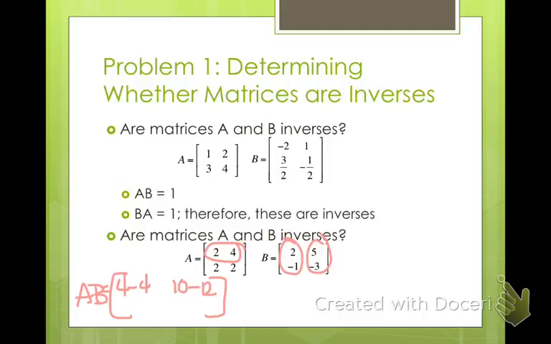Then we have to do the bottom and the side. There's 4 minus 2. And the bottom and the other side. That's 10 minus 6. Okay, so when we simplify this, we get 0, -2, 2, 4. I can already tell you this is not an identity, so these are not multiplicative inverses. Sometimes you'll get one of them that is, but the other one is not.